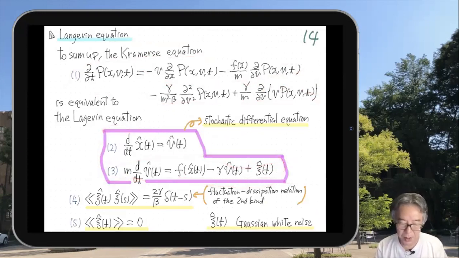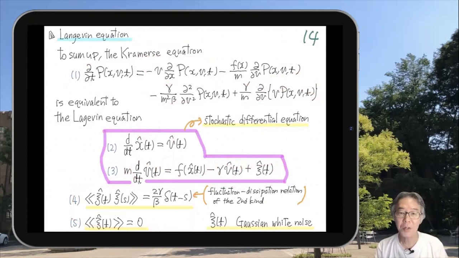It says that m times the acceleration, but this is already a random quantity, is equal to f. This is a deterministic force when the particle is at x, and this is again the deterministic resistance. What is the correct word? I don't know. And this is the random force, and this is a Gaussian white noise satisfying these relations.